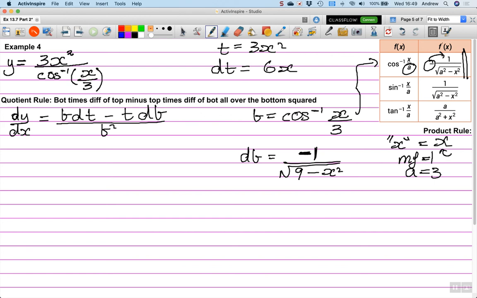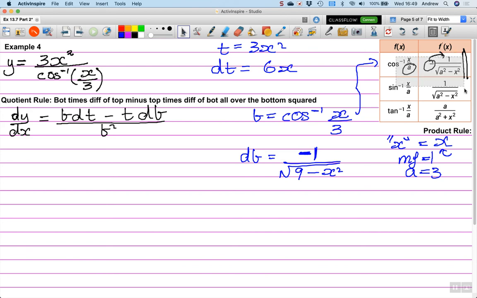Once we know that, then we can get on and substitute it. Now, I have been up till now doing that in blue, just to make it easier to distinguish the working out from the main part of the question.